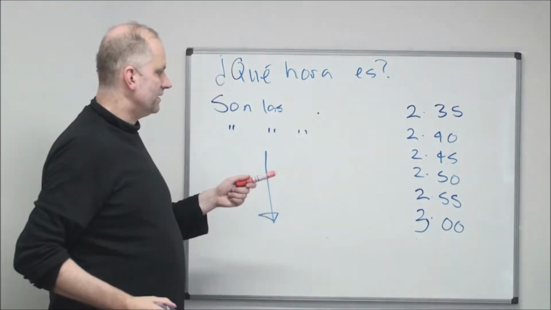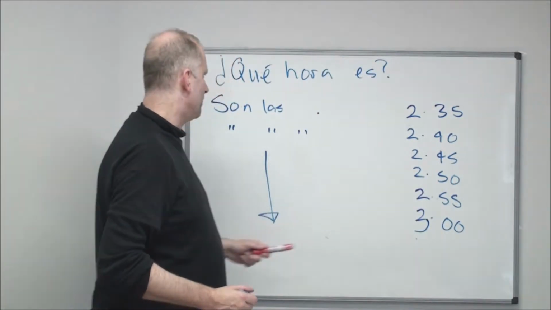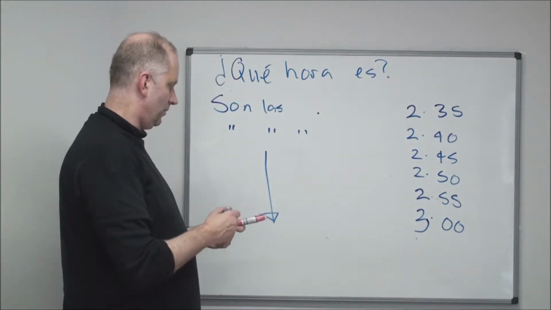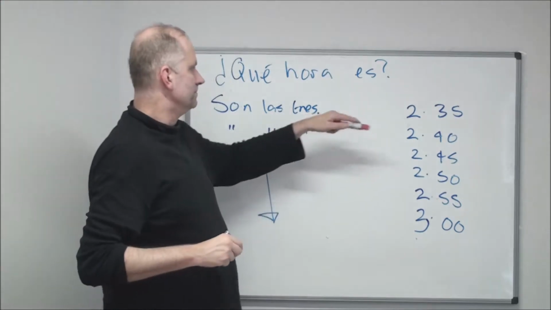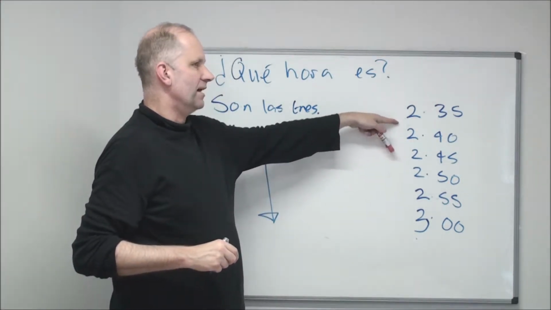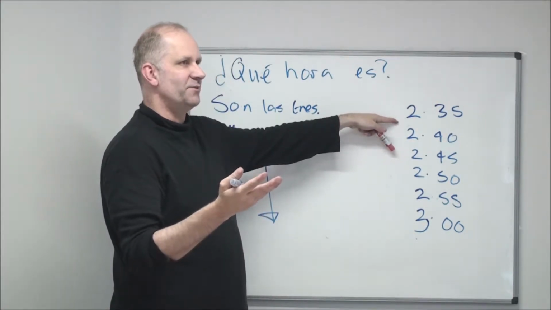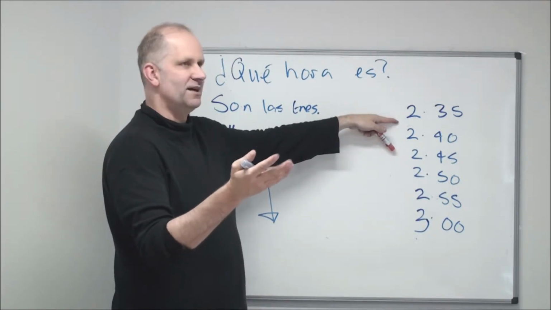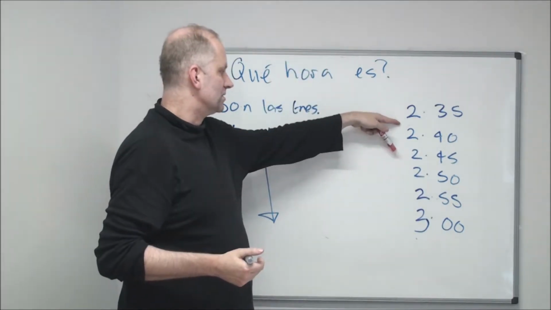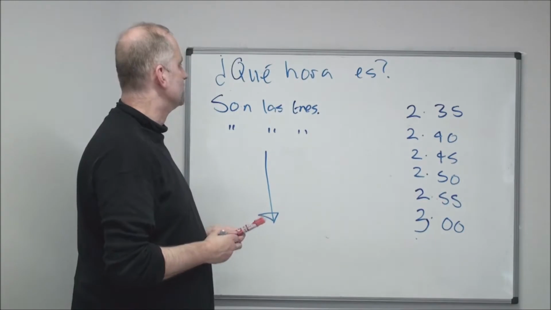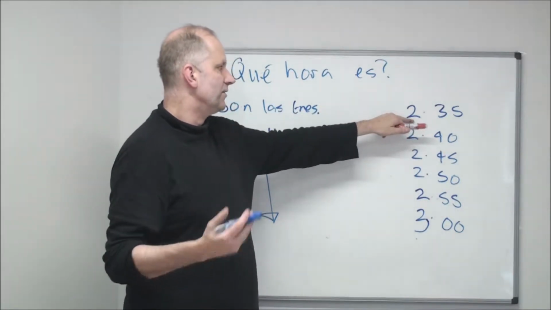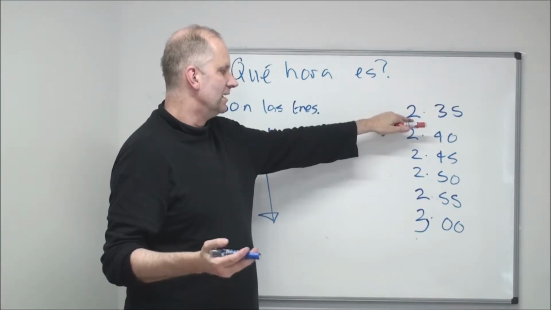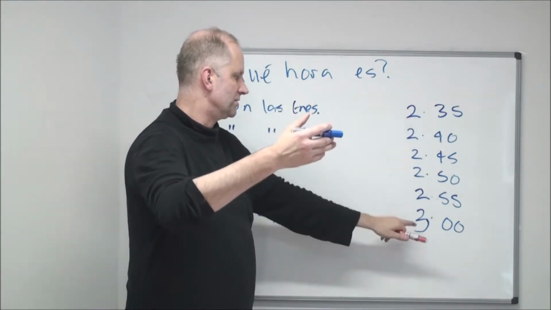The next hour is 3 o'clock, so we can start with that. We can say son las tres. This would be one way of saying 2:35. It'd be nice if I got the time exactly right as the clock was chiming. Son las tres. So we can either say it's 2:35, or we can say it's 25 to the next hour, which is 3.